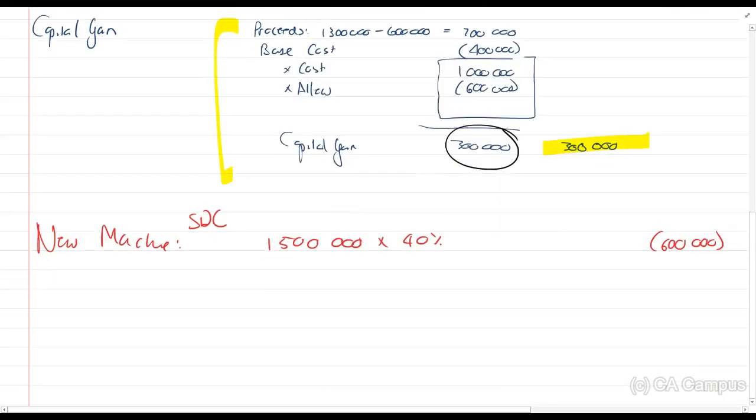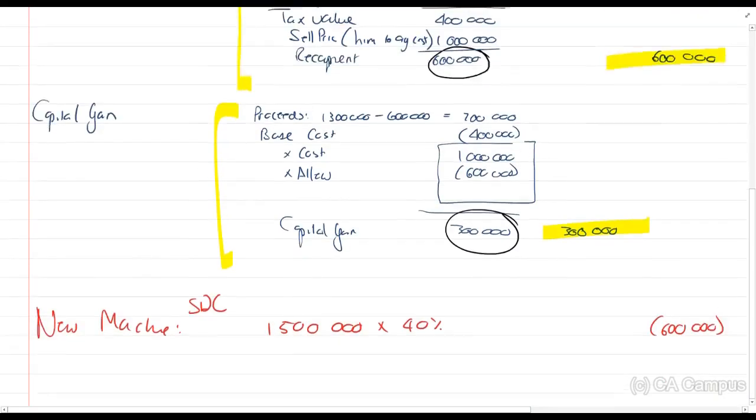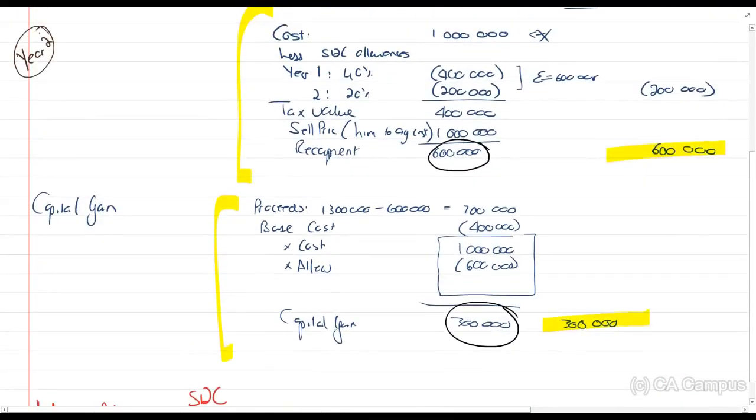So what does that mean? That means, in this case, we will apply paragraph 66. I'll explain the difference between 65 and 66 in a second. In this case, we will apply paragraph 66, which means we will defer the recoupment.